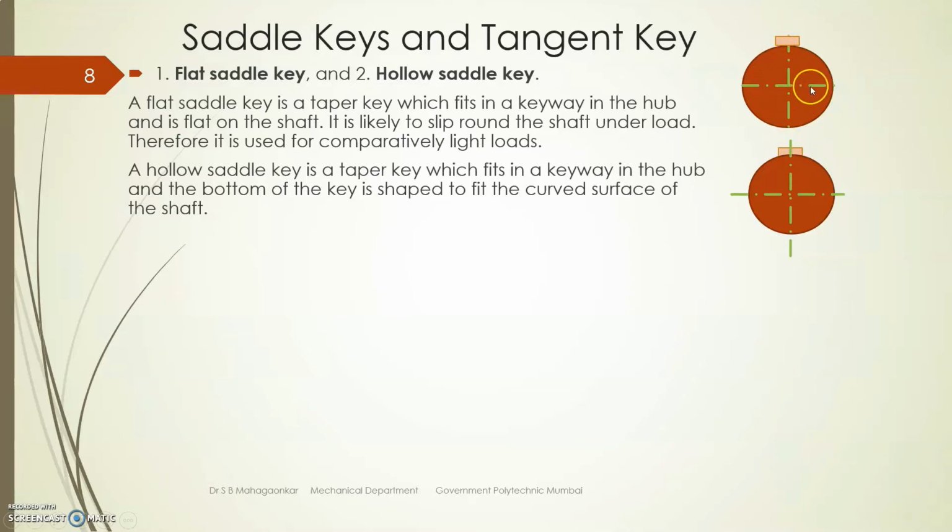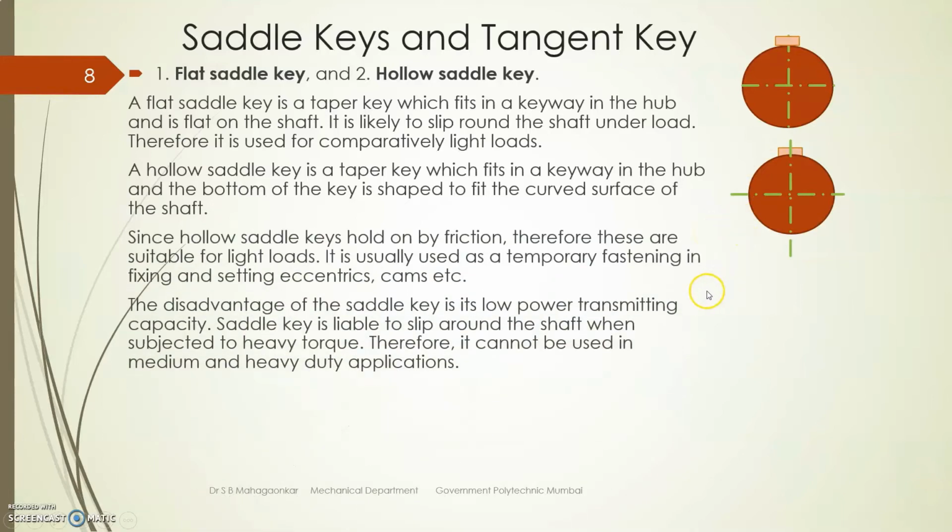So the flat key has more torque capacity than this one, because this works only on friction. Hence there is a limit, and this is a disadvantage. The disadvantage of the saddle key is its low power transmitting capacity. The saddle key is liable to slip around the shaft when subjected to heavy torque or even medium torque, so because of that it will slide.